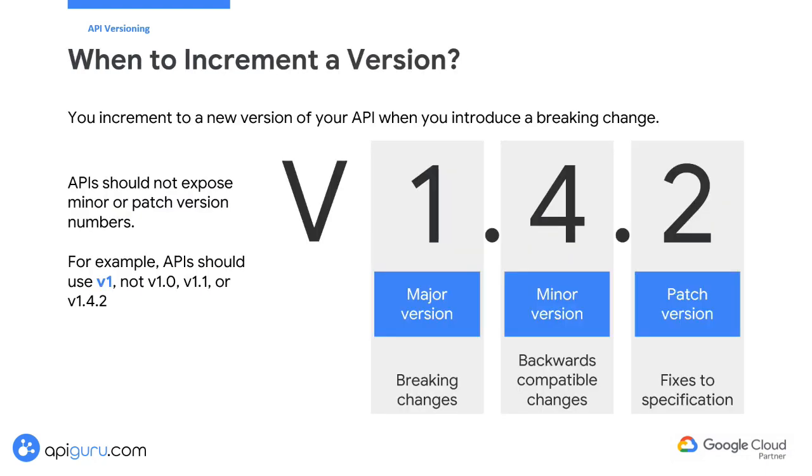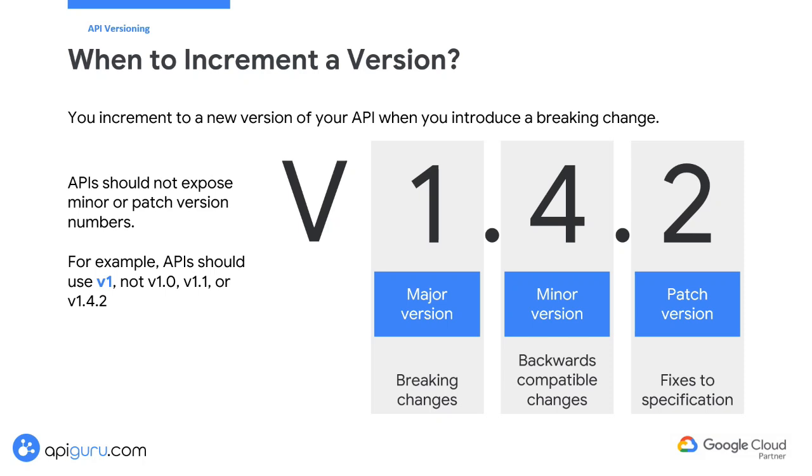Don't increment to a new version of your API for backwards compatible changes or fixes. Otherwise, you will quickly end up with many APIs you need to continue supporting per your deprecation policies. You only want to force consumers to switch to a new version when they must explicitly know there is a breaking change. Unlike traditional semantic versioning, APIs should not expose minor or patch version numbers.